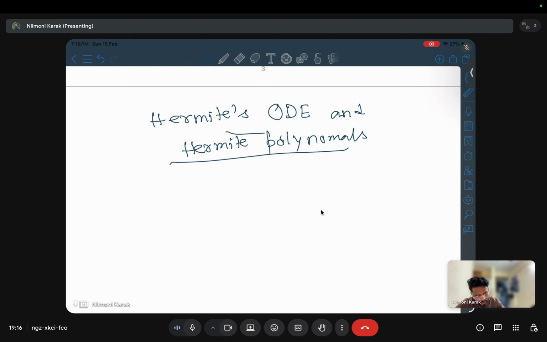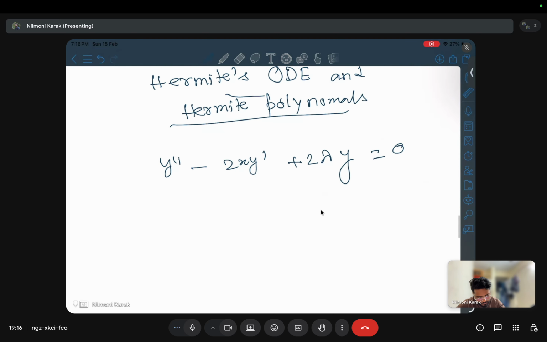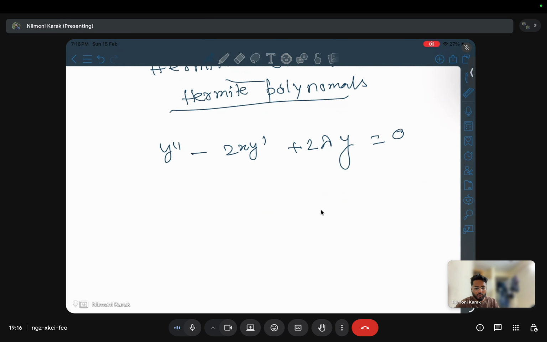So recall the Hermite differential equation: y double dash minus 2x y dash plus 2 lambda y equals 0. So there are several exercises.